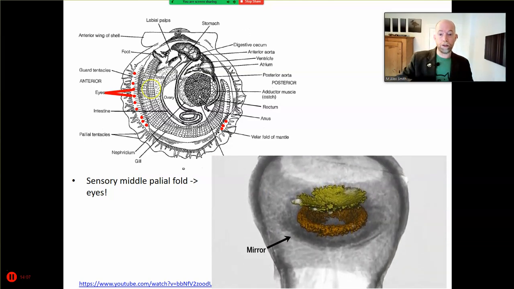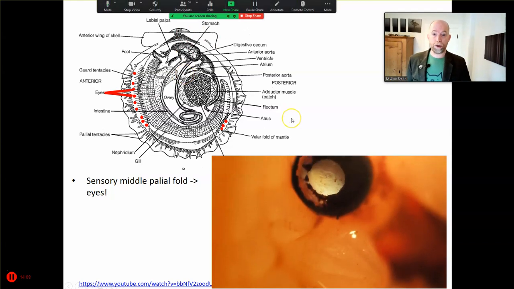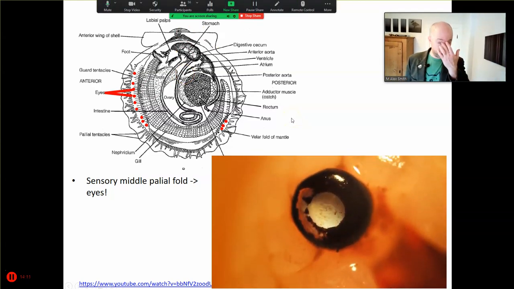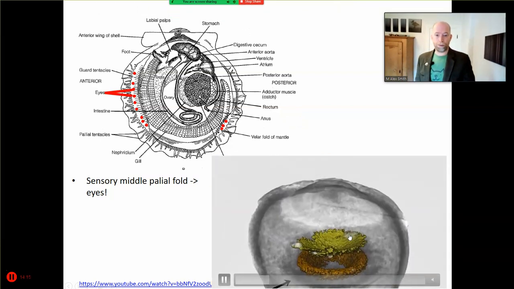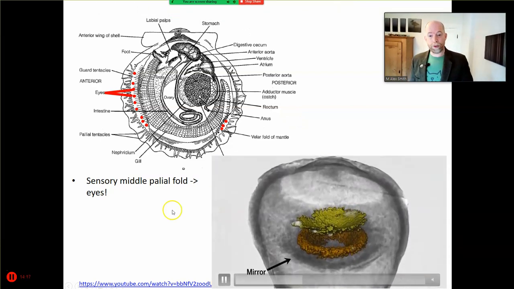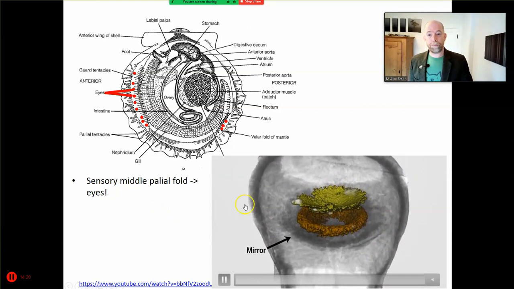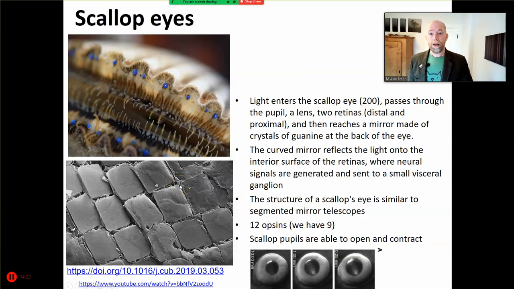Now, in this video that's looping through on the bottom here, associated with the science paper from a couple of years ago, there's a diagram here after we see these gorgeous blueberries. There are two retinas within this eye, and then a prismatic mirror layer. That's one of the things that differentiates these individual eyes, up to 200 of them: as light enters the eye, it's very, very different than either of the other molluscs that we've talked about.